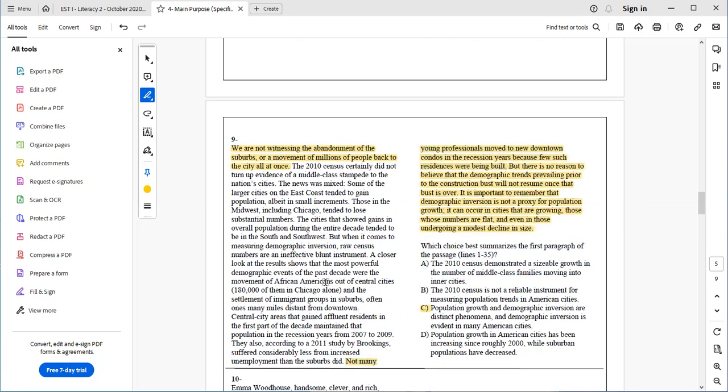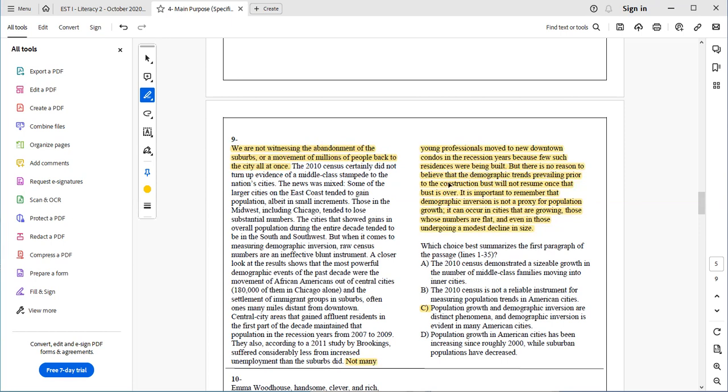Okay. He said, we are not witnessing the abandonment of the suburbs or a movement of millions of people back to the city all at once. Then here he said, not many young professionals moved to new downtown condos in the recession years because few such residences were being built.